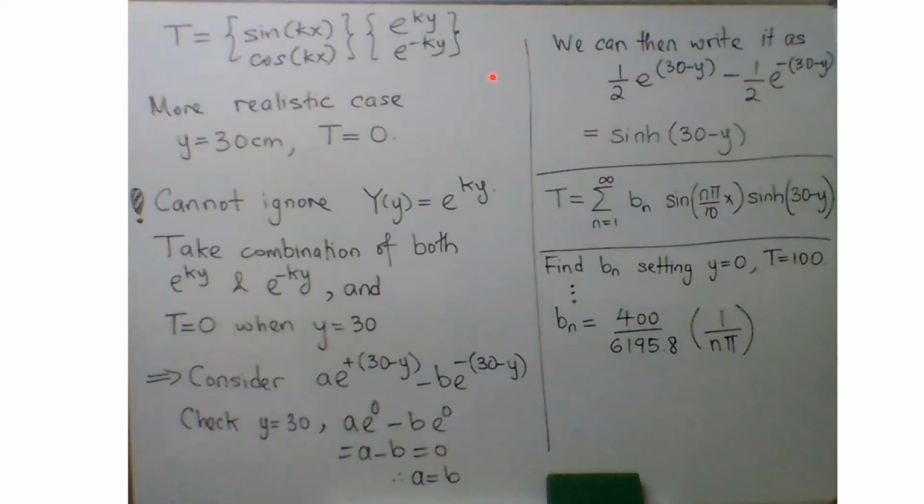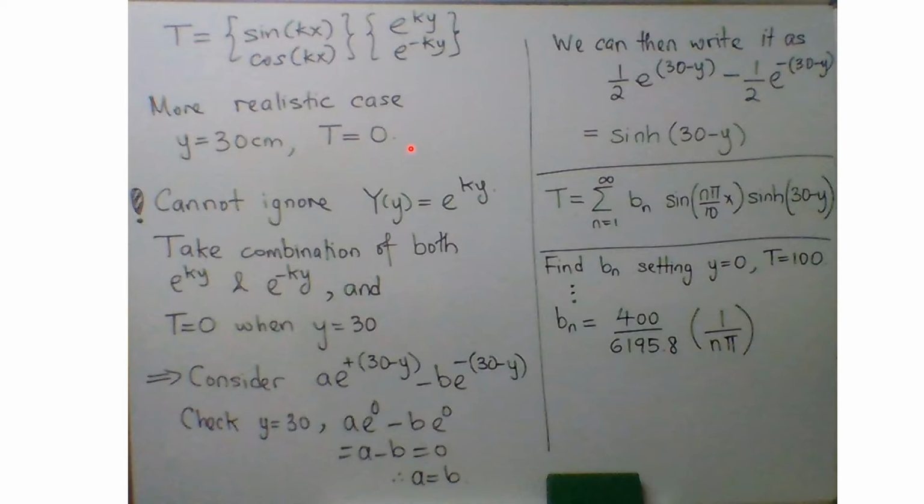Right, so now I have written back the general solution for T. Here is the x component and here is the y. In this realistic case, we have a finite value for y, and this y equals 30, which we assume to be the length of the metal bar, where T equals 0.